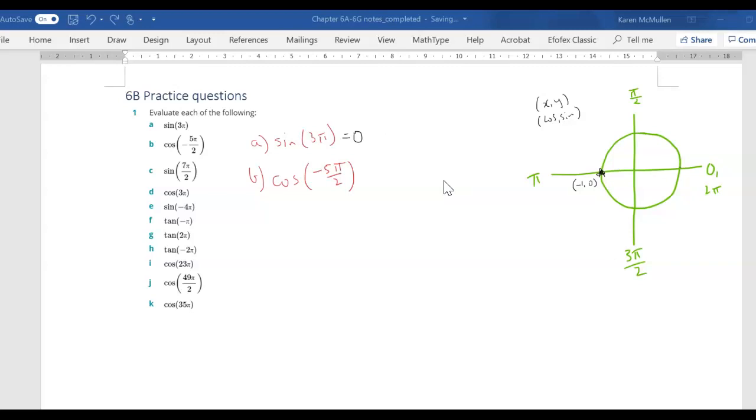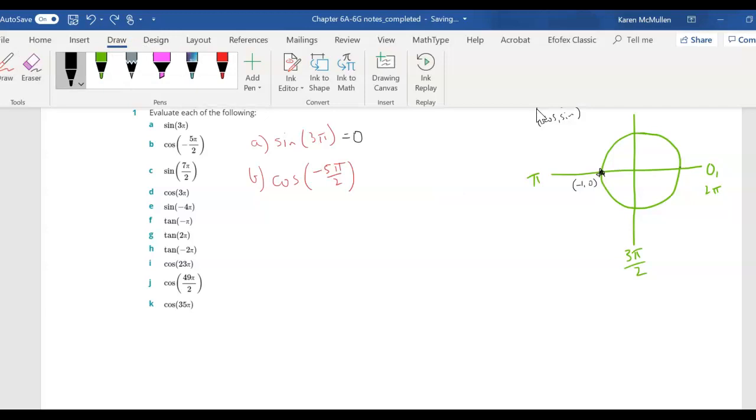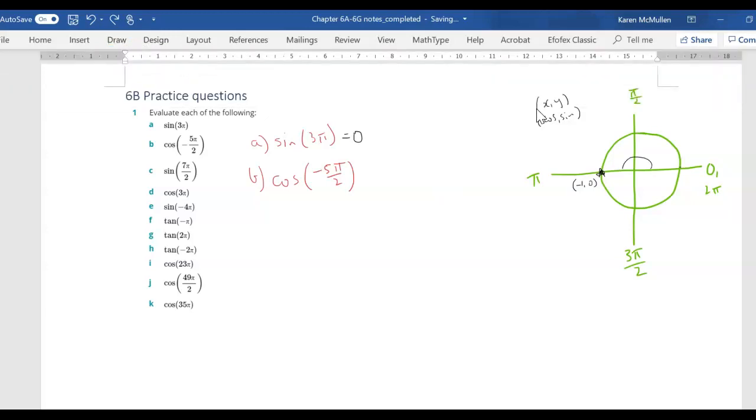Okay, so if we were to go all around our unit circle, we are at 4 pi on 2. Okay, so 2 pi is the same as 4 pi on 2. So if we go just a little bit more, we're at 5 pi on 2.